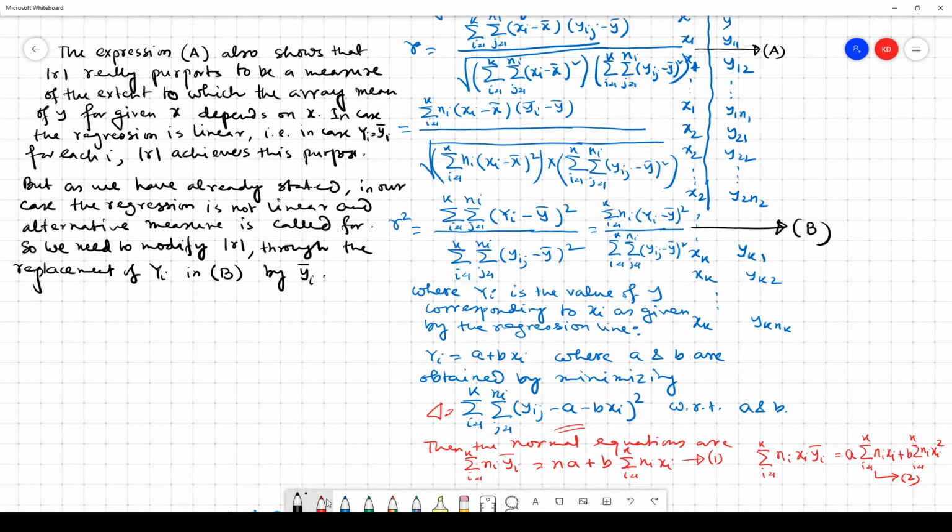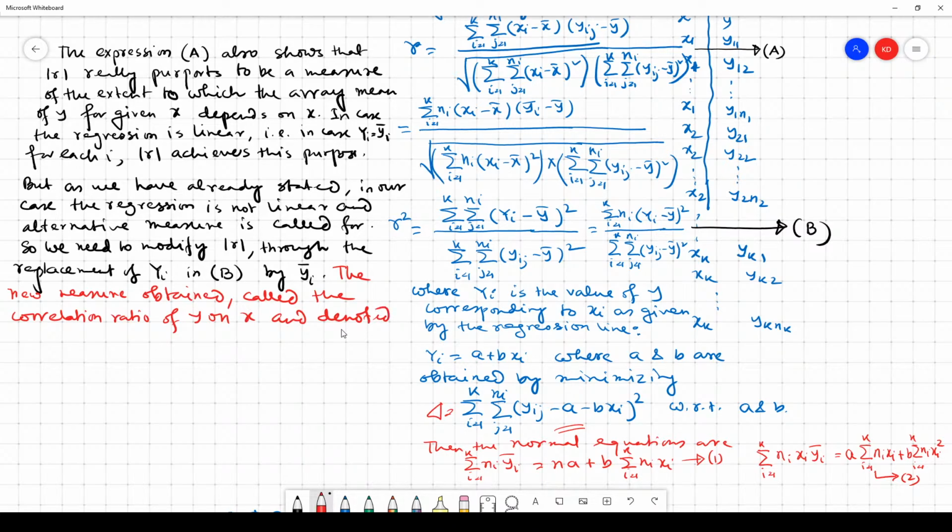The new measure obtained is called the correlation ratio of y on x and denoted by EYX.